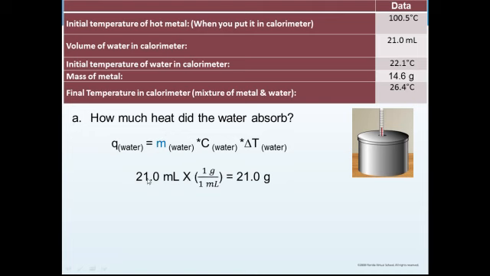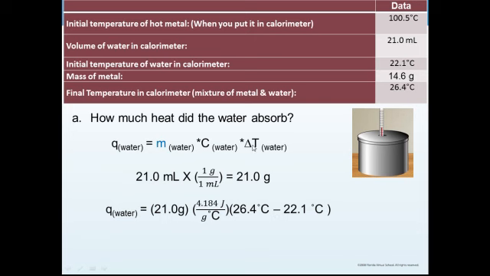So with our mass, we know that 21.0 milliliters of water was put into the calorimeter. The density of water is 1 gram per milliliter, which gives us 21 grams. Plug in all of our values for the water. 21 grams. The specific heat of water is 4.184 joules per gram degree Celsius. Remember your temperature change.